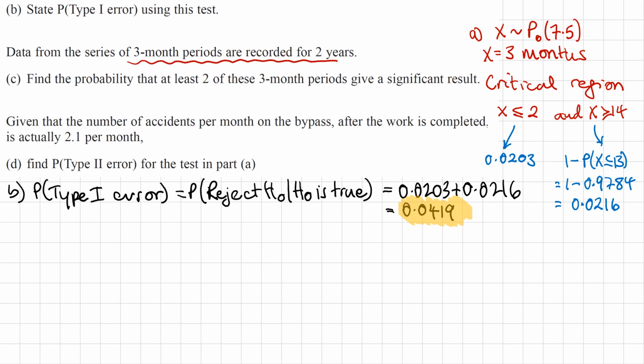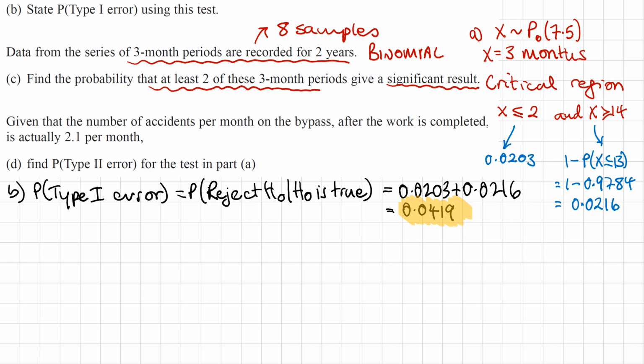Okay, so that means we've got like 8 samples of data, and whenever I'm thinking of samples, I'm thinking of binomial to do this part of the question. I need to find a probability that in at least 2 of these 3-month periods, so there's another clue, it's binomial, gives a significant result.